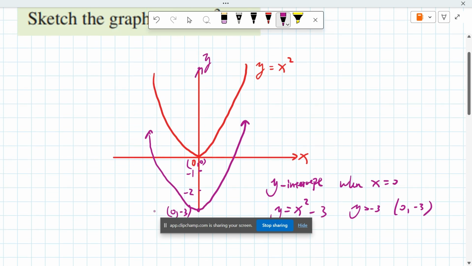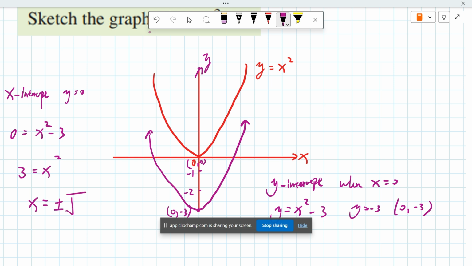And the x-intercept, which is when y equal to 0, so 0 equal to x squared minus 3. Adding 3 to both sides, 3 equal to x squared, and x equal to the positive and negative square root of 3.